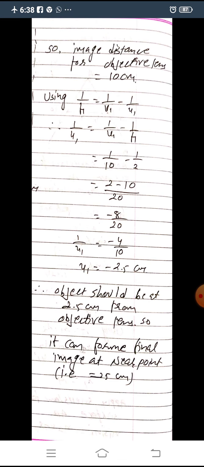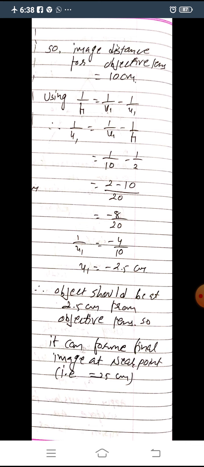Now we have the image distance for the objective as 10 centimeters. Using the lens formula once again we can calculate the object distance for the objective lens: 1 upon U1 is equal to 1 upon V1 minus 1 upon F1.